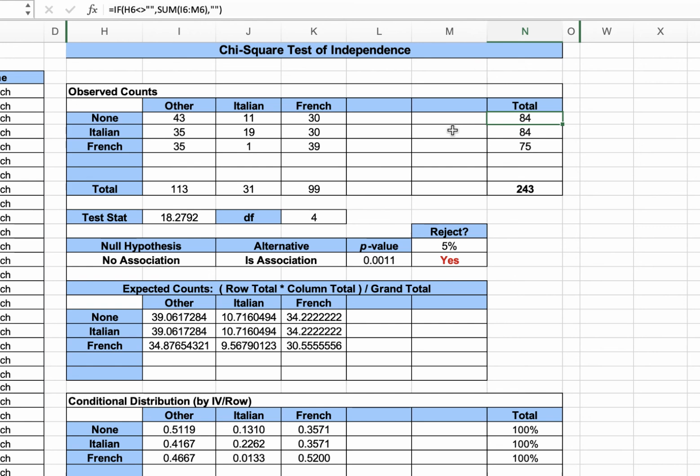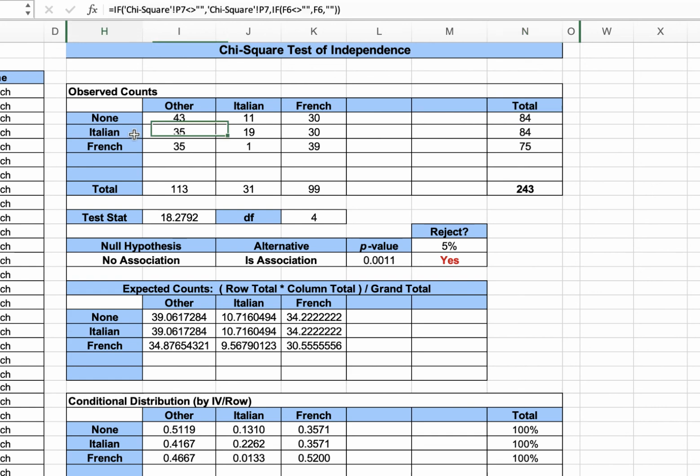So more than half of the purchases are just something other than Italian or French wine. A large percentage of wine is French, and we can see that 11 out of 84 of the purchases were Italian wines with no music playing.